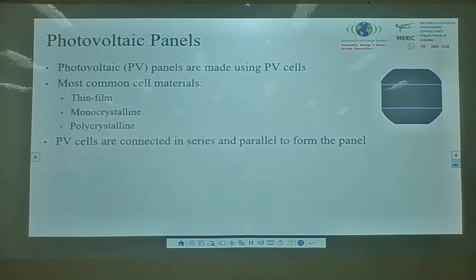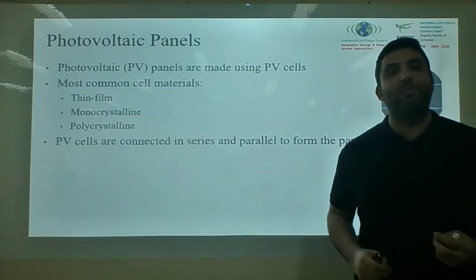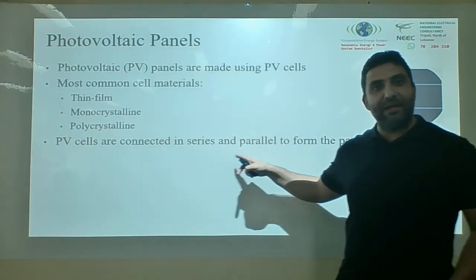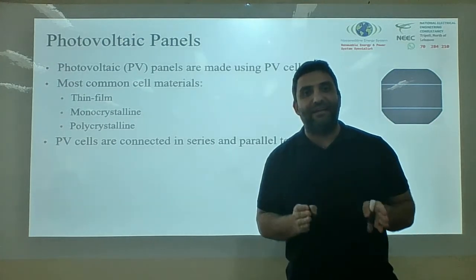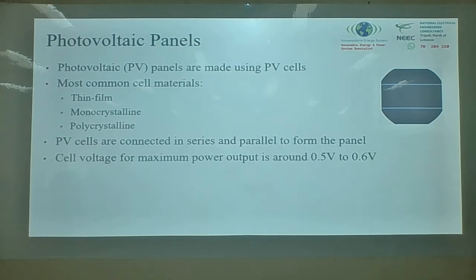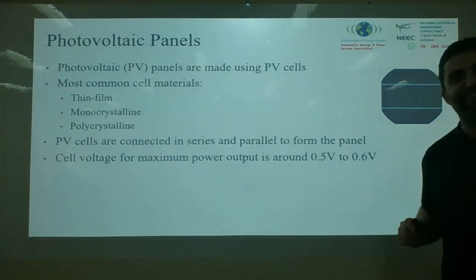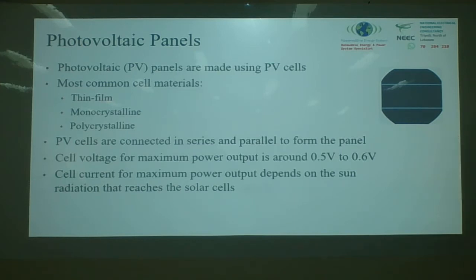Now, the PV cells are connected in series and parallel to form the panels. And the number of series connected and parallel connected cells will determine the panel data that's required for my design. The cell voltage for maximum power output is around 0.5 to 0.6 volt per cell, and you will see that when we go through our presentation.